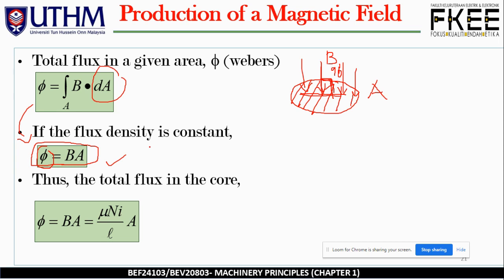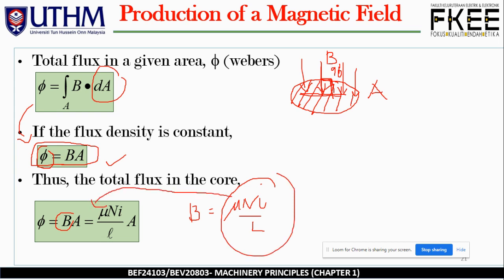Thus, the total flux in the core, phi equals BA. Expanding B, we have mu Ni over L, because we have seen that B equals mu Ni over L. Just substitute this equation, and finally we have phi equals mu Ni over L multiplied by A.